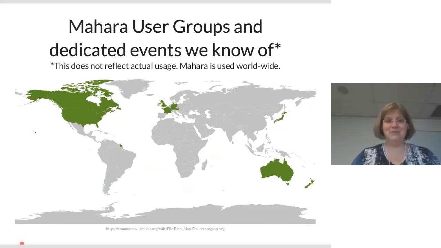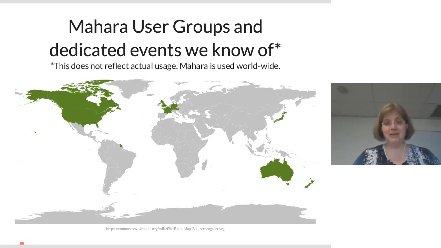And I've already mentioned that we have a lot of users in the community that also organize events and work together. And while this map may look pretty blank still, or pretty gray in the areas where there's no green, this is actually a little bit misleading. Because here I just wanted to show you in which areas we have dedicated Mahara user groups that meet on a regular basis.